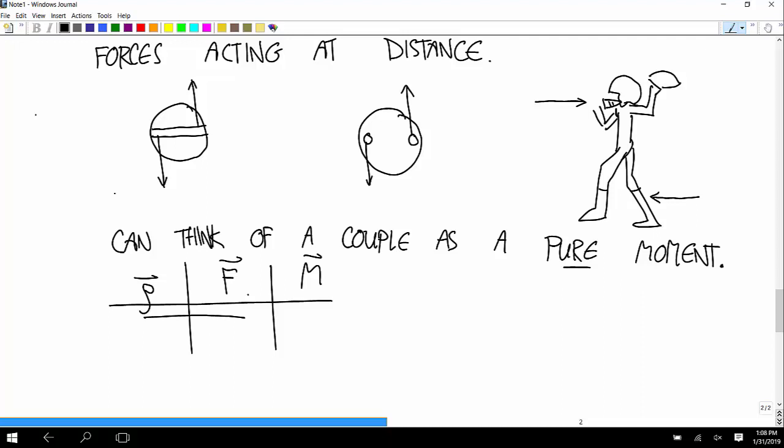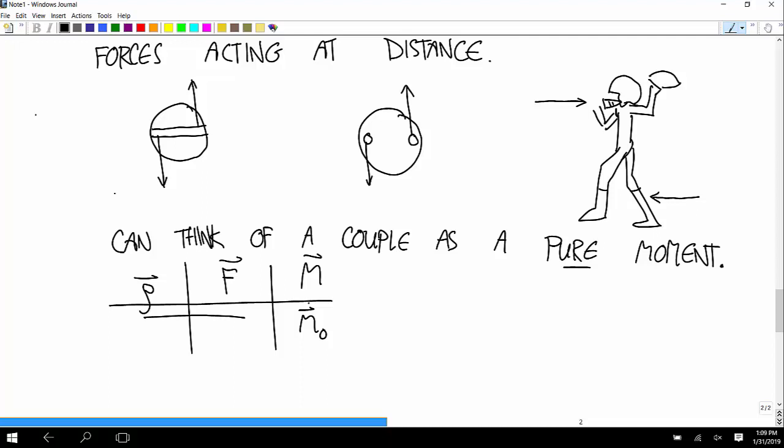They're equal and opposite, so they cancel each other always. That's how a couple works. So that's why we don't care about the force. If we don't care about the force, we don't care about the row vector. The only thing we care about is the moment. I'll write it as m sub 0 or something. And so even though a couple is two equal and opposite forces, we're going to always represent it mathematically as just a moment that's added on.